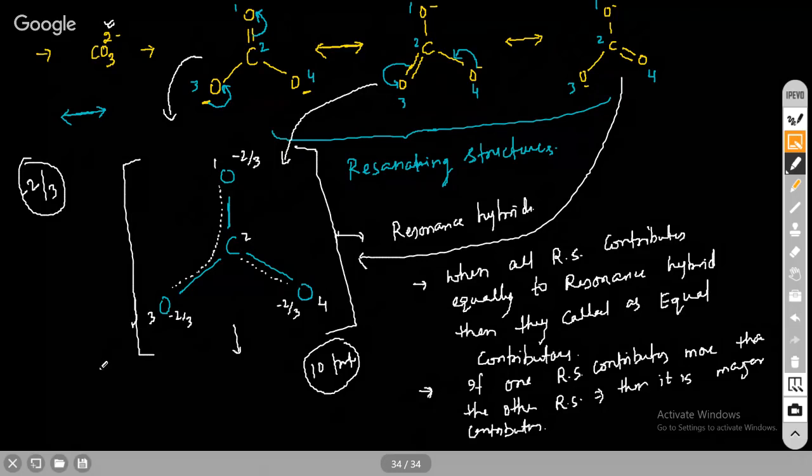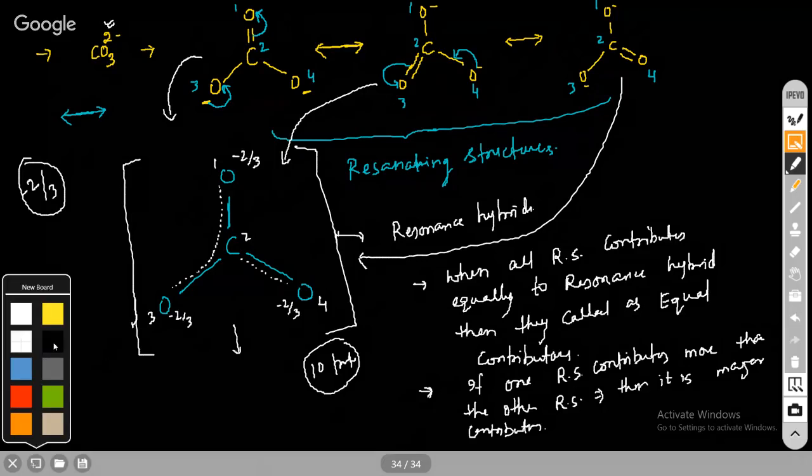Okay. Now we'll see some more examples. In the next example, we have to draw the resonating structure of CH2 double bond CH, single bond CH2 plus. Is this a conjugated system?